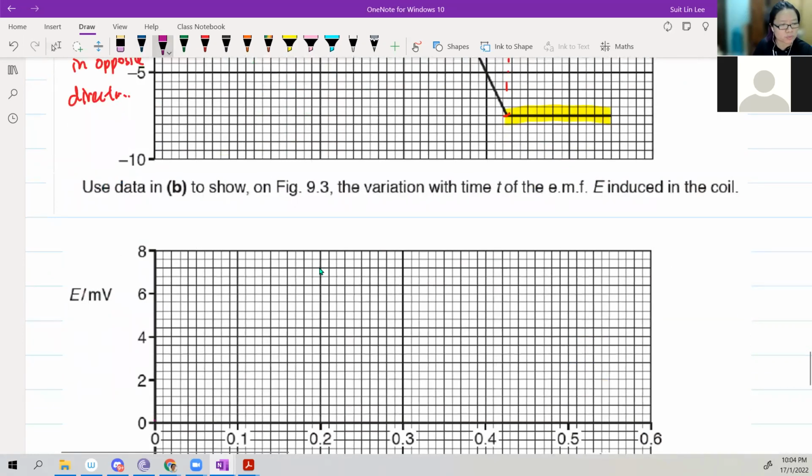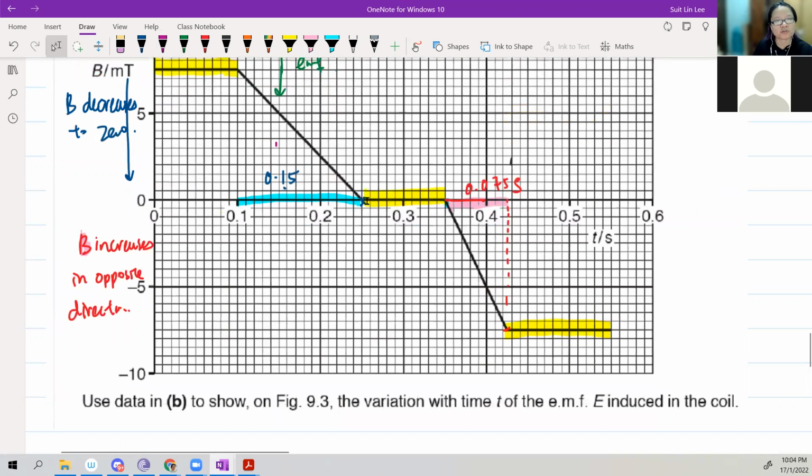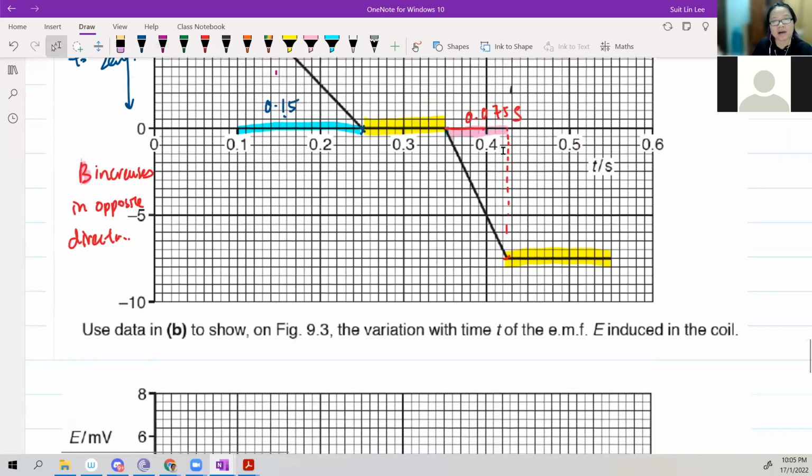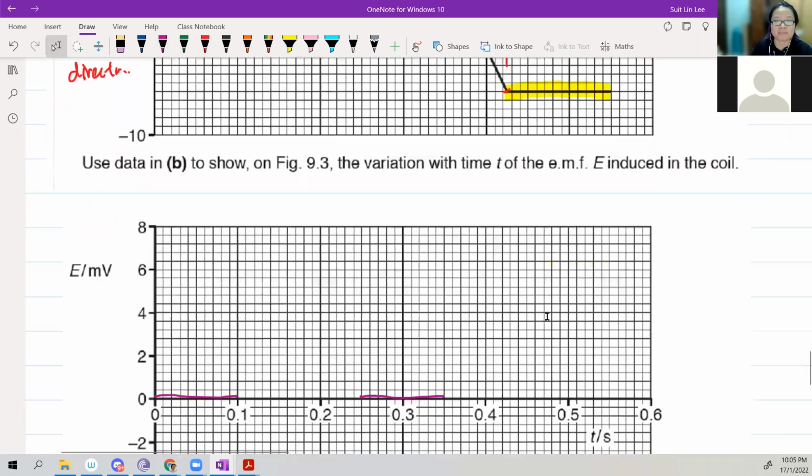So from 0 to 0.1, EMF is 0. From 0.25 to 0.35, EMF is 0. 0.25 is here. EMF is 0. And after 0.425 onwards, EMF is 0.